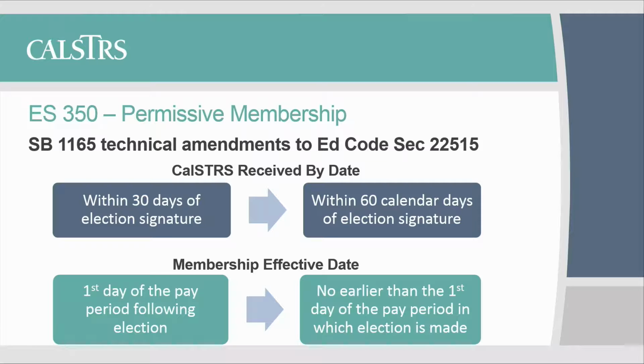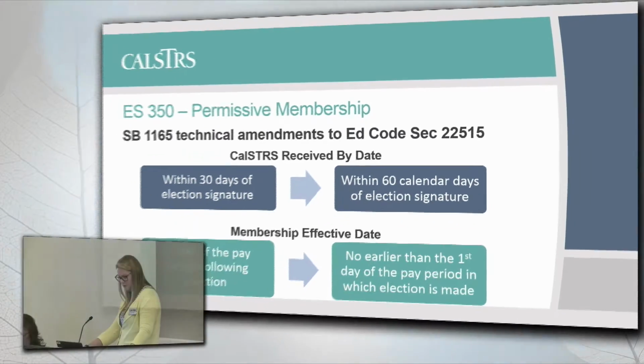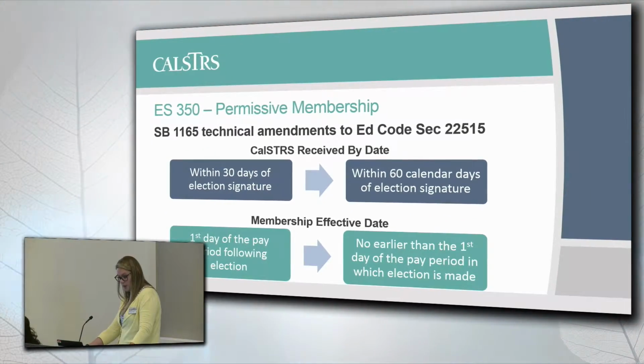Previously we had added into law that the membership date would be the first day of the pay period following the election. We changed it with SB 1165 to no earlier than the first day of the pay period in which the election is made. I'm going to go over this in a little bit because I know there's some confusion. These changes were made effective as of 1/1/2019.